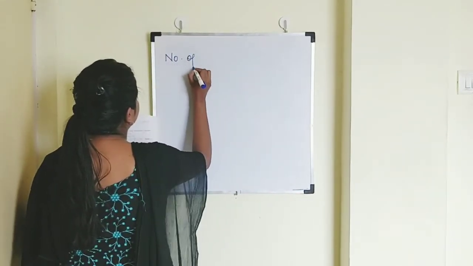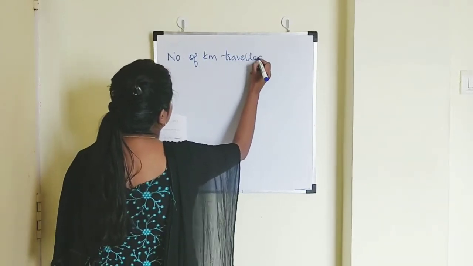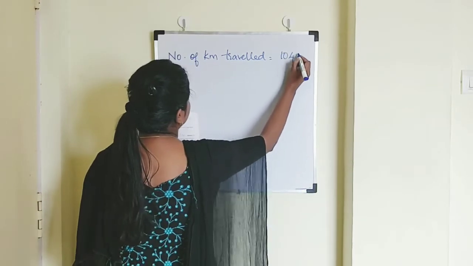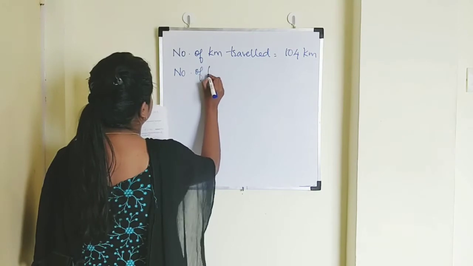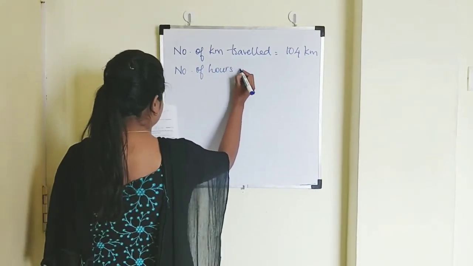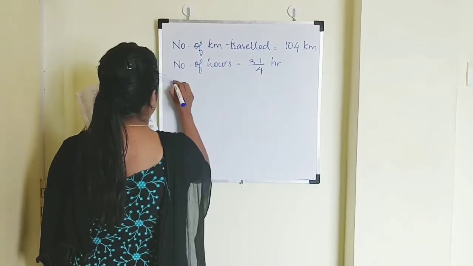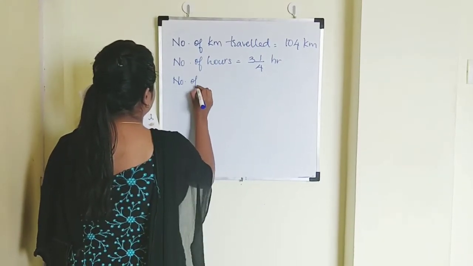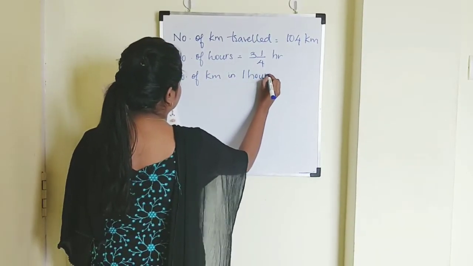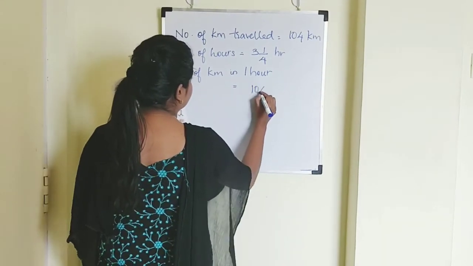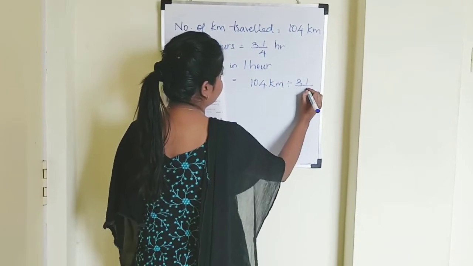Number of kilometers travelled is equal to 104 and number of hours 3 1/4, therefore number of kilometers in 1 hour is equal to 104 kilometers divided by 3 1/4.